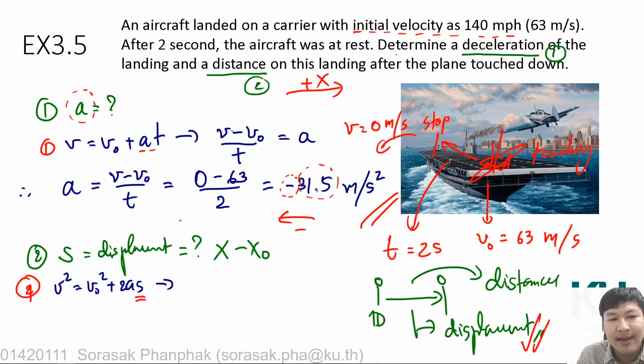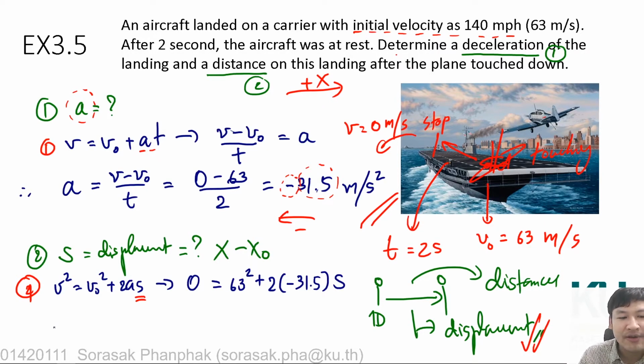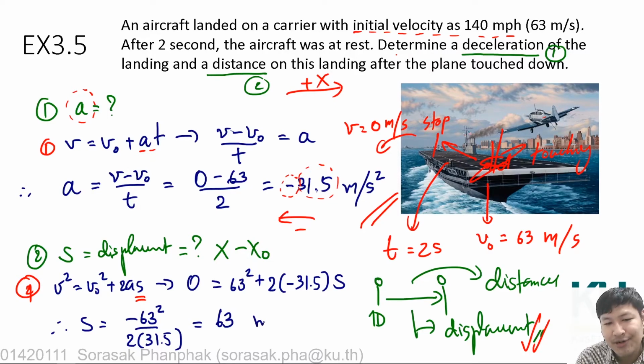V final is 0. 0 equals the initial velocity, 63, squared, plus the acceleration, which we already found, minus 31.5, times S. So now you can find S equal to minus 63 squared divided by 2 multiplied by minus 31.5. So now your displacement is 63 meters.